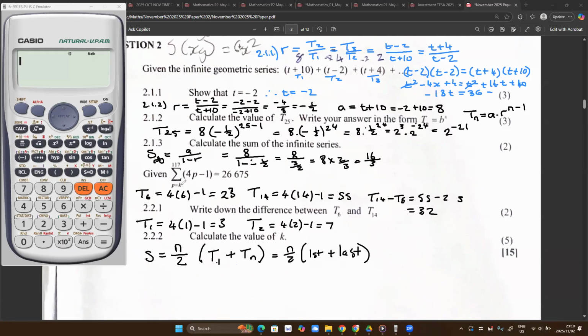So now what we actually need to know is, we actually know the last term is 117, isn't it? So we can actually get the last term.